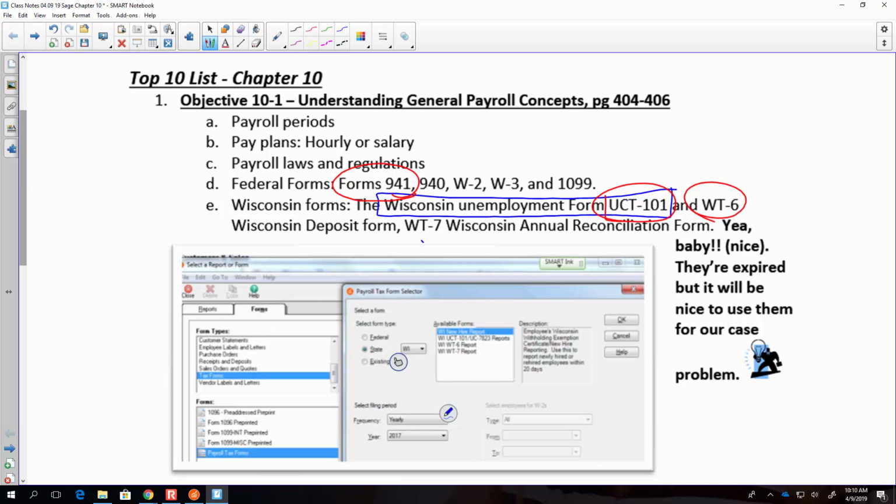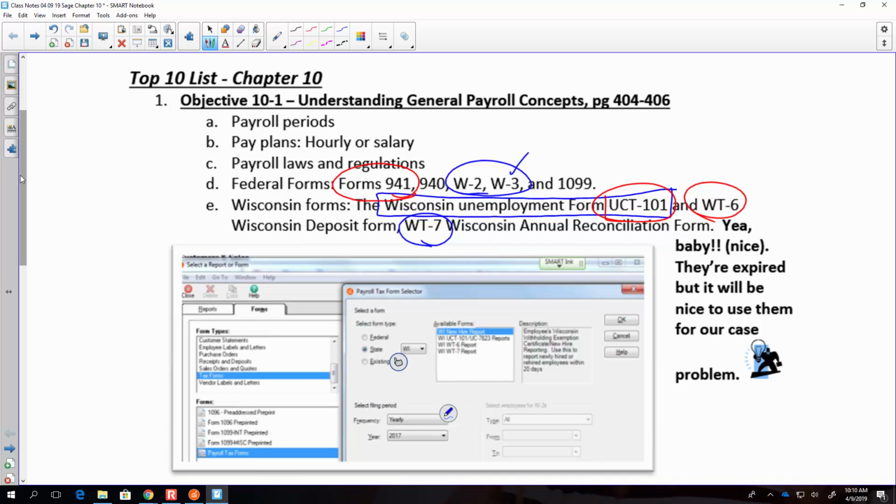Now, there is a WT7. W2, W3. Does everybody know what a W2 is? Yes. That's our wage statement at the end of the year. Well, the W3 goes with it. It's a summary page of the W2s. Remember that from payroll?